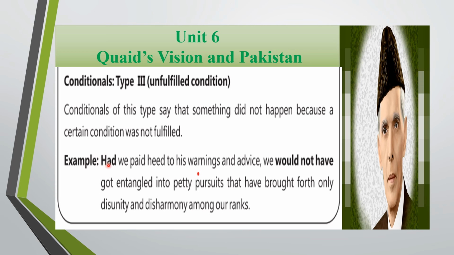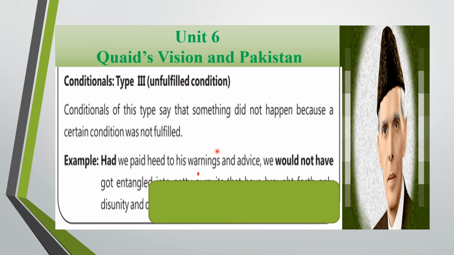Look at the example. Had we paid heed to his warnings and advice, we would not have got entangled into petty pursuits that have brought forth only disunity and disharmony among our ranks.